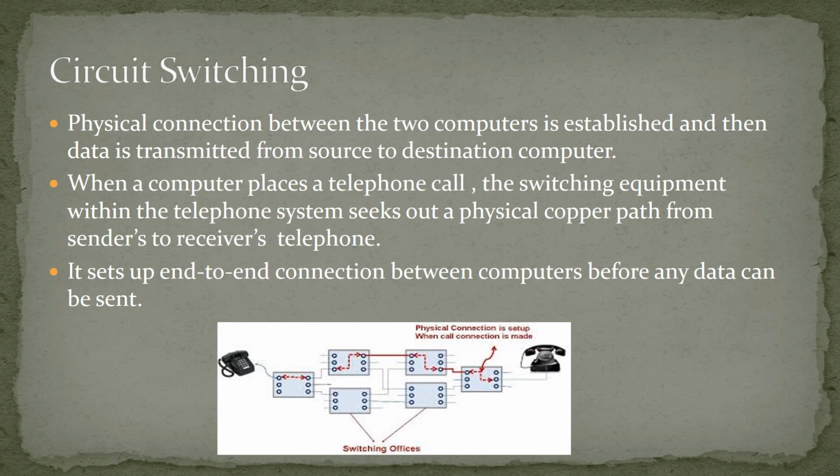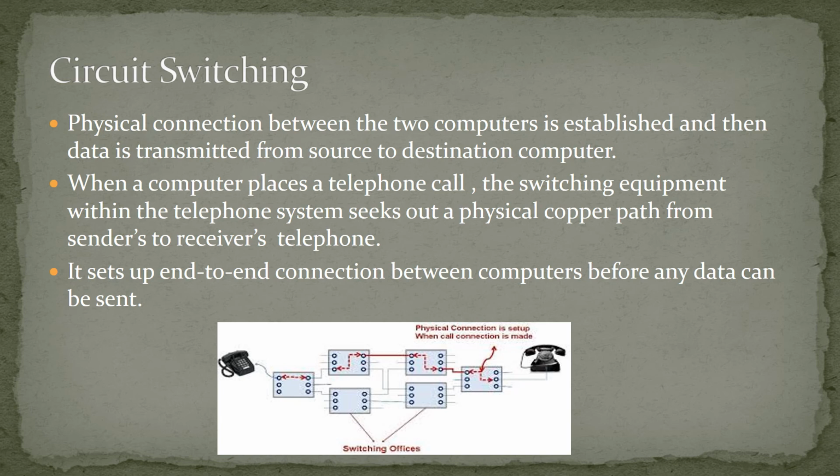So when a computer places a telephone call, the switching equipment within the telephone system seeks out a physical copper path from the sender's to the receiver's telephone. When we make a call, nowadays we have wired as well as wireless communication media. Through any communication medium, one phone tries to establish a connection to the other telephone, and when the other telephone is picked up, only then is the connection established.